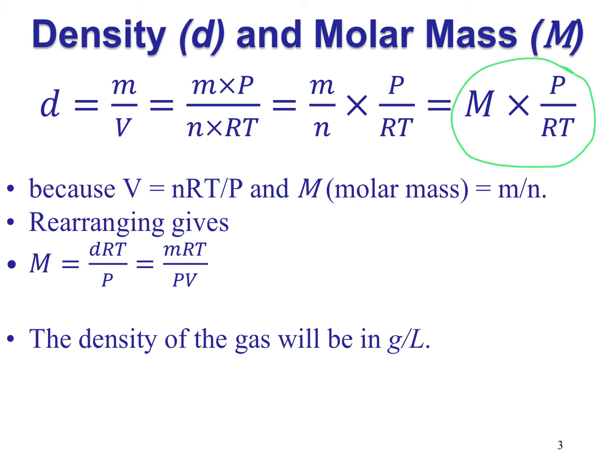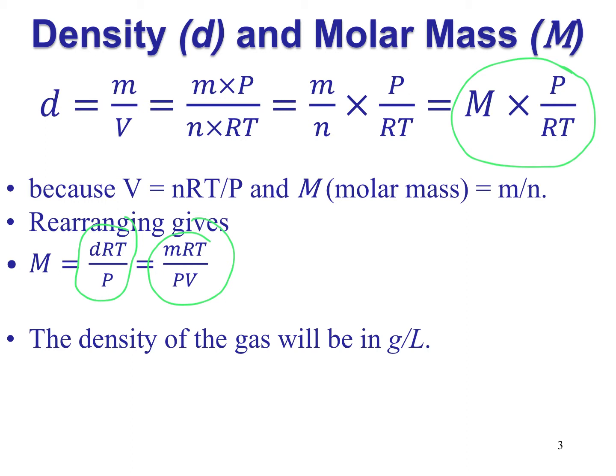A further rearrangement shows that the molar mass of a gas M equals density times R times temperature divided by pressure, or the molar mass of the gas equals mass times R times temperature divided by pressure and volume.